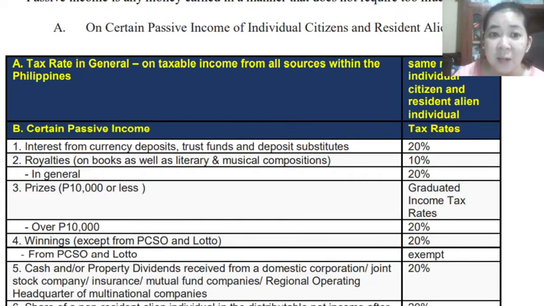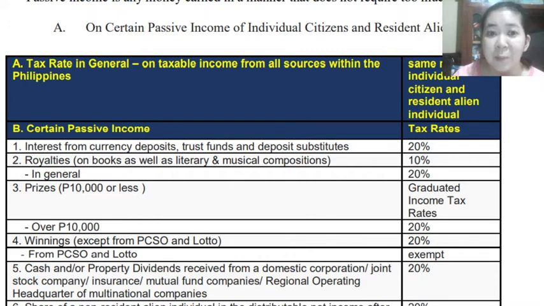But in general, royalties other than books, literary, and musical compositions, other royalties that will be earned by the taxpayer, will be taxed 20%.